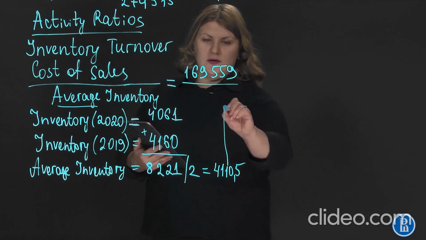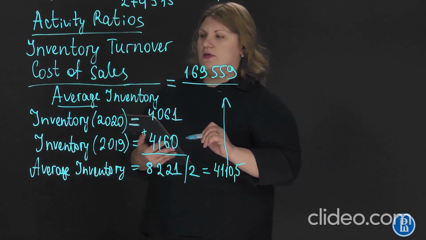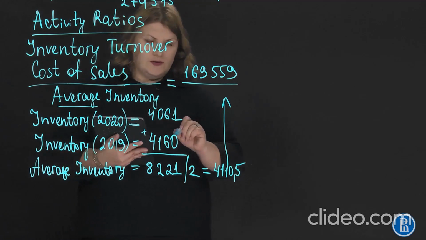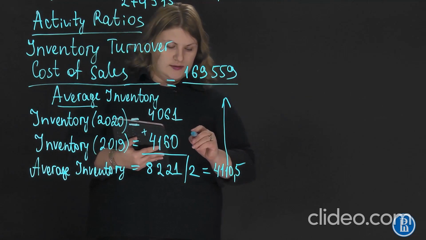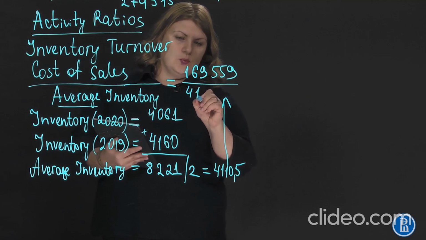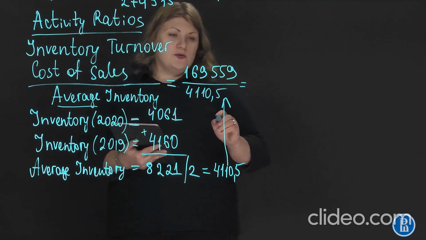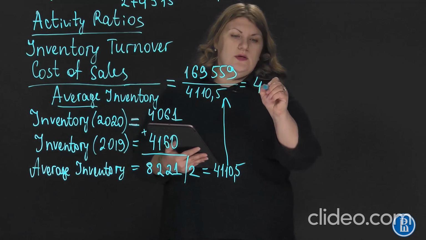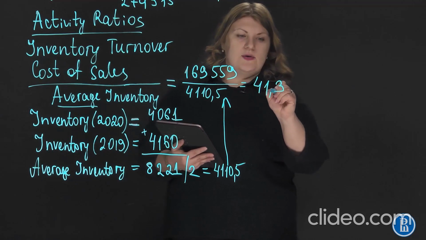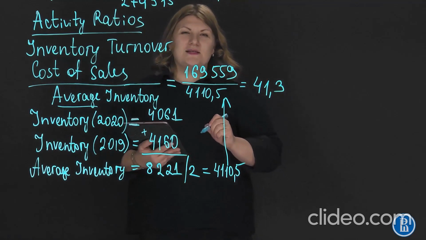This directly goes to our calculations for the inventory turnover, to the denominator, 4,110.5. Now, what you should get here will be 41.3. What does this mean?